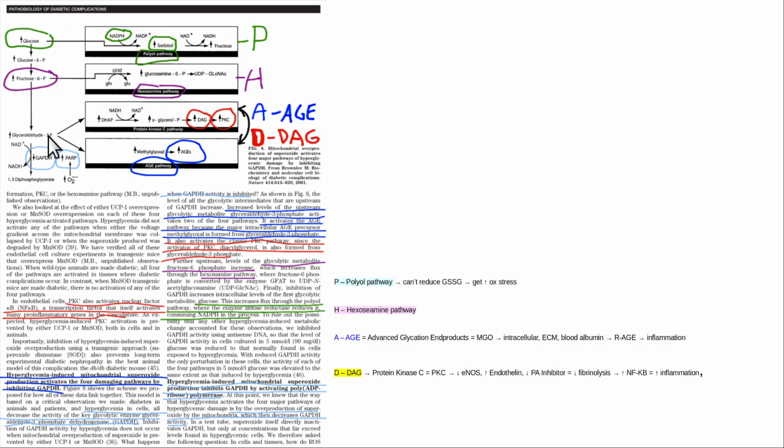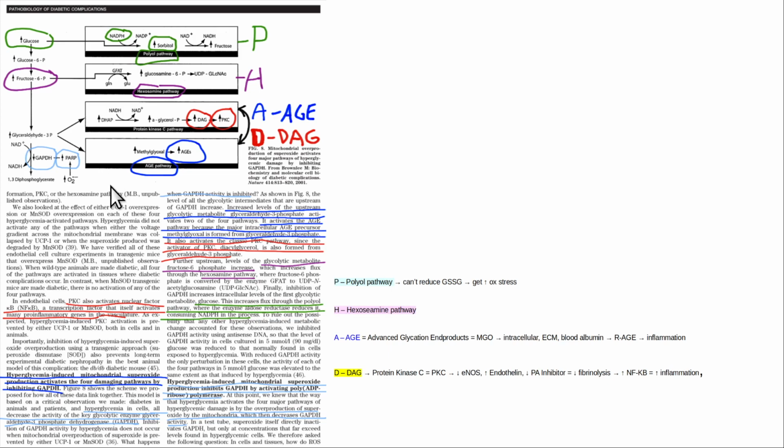Glyceraldehyde 3-phosphate accumulates, and it gets run through A for AGEs to make advanced glycation end products, first via methylglyoxal. And the glyceraldehyde 3-phosphate also goes under the side reaction to become diacylglycerol, which just means 2 fatty acids on a glycerol, rather than a triacylglycerol, like a triglyceride, which would be 3 fatty acids on a glycerol. So diacylglycerol gets made into protein kinase C, which then unleashes a whole bunch of really bad pathways, like we just talked about.